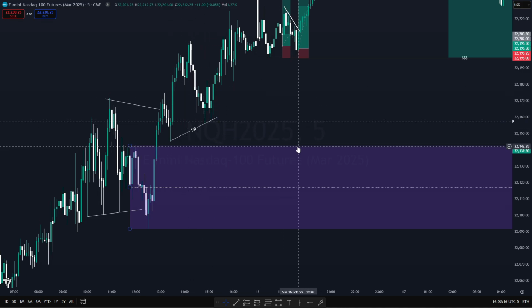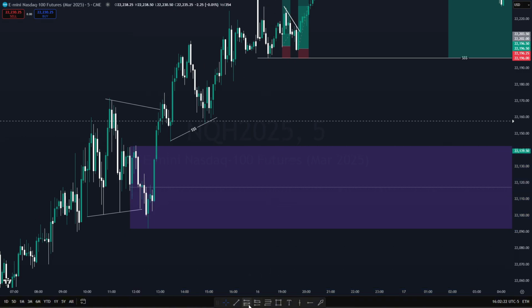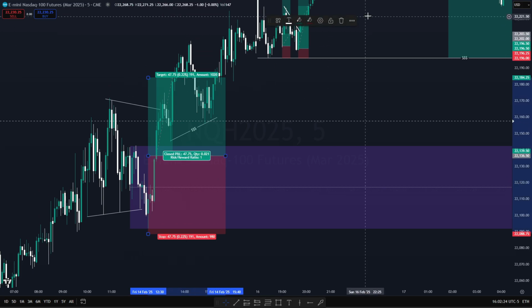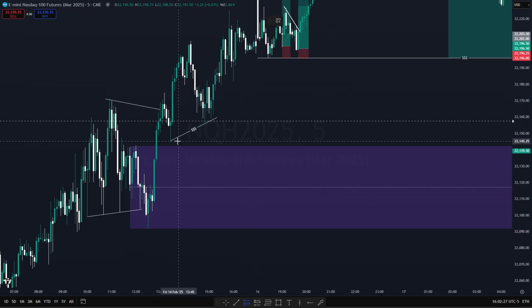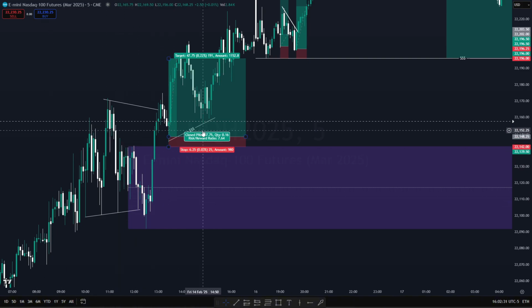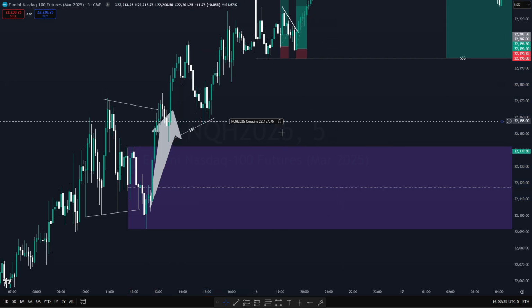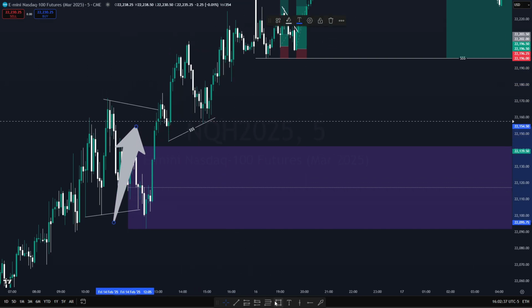So the banks will be able to fill up their positions that they have in this order block. Okay, so basically, buy orders here, retail sell orders right here. So banks buy and retail are going to sell.